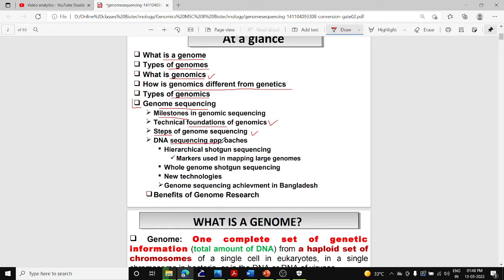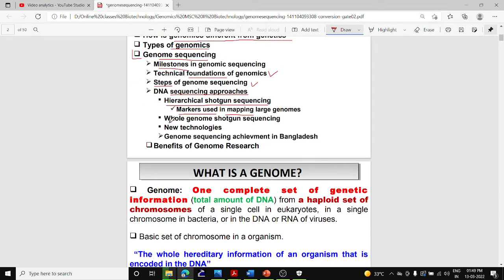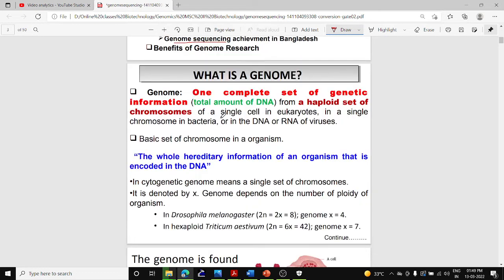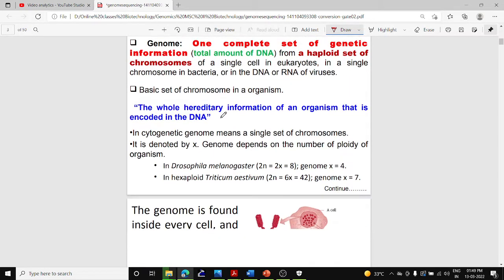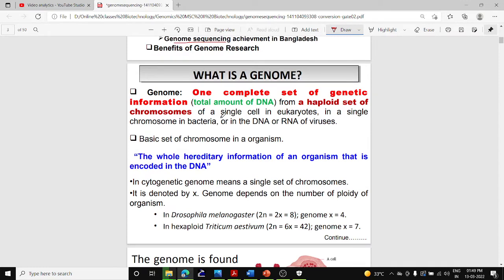Then DNA sequencing approaches, then hierarchical shotgun sequencing, and within that what kind of markers we generally use for mapping, then whole genome shotgun sequencing, and within that the new technologies that are coming up. Genome sequencing achievements in different sectors and the benefits of genome research we are also going to see.